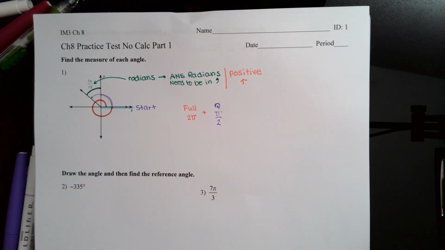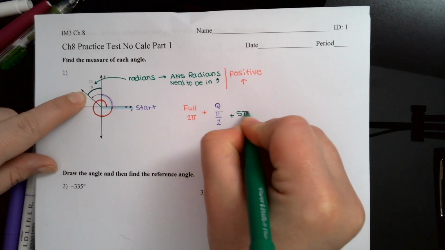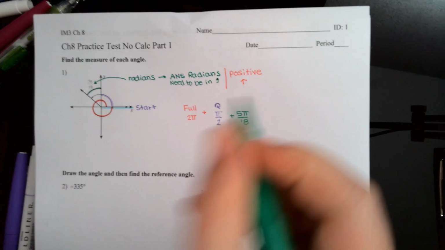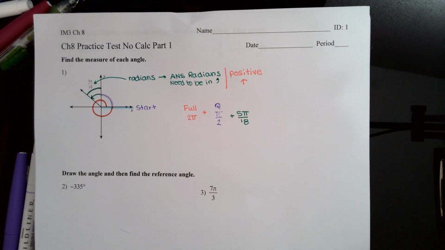And then I traveled this section here, 5 pi 18ths. That 5 pi 18ths is that very last distance that we've traveled. That's the distance that they've provided.